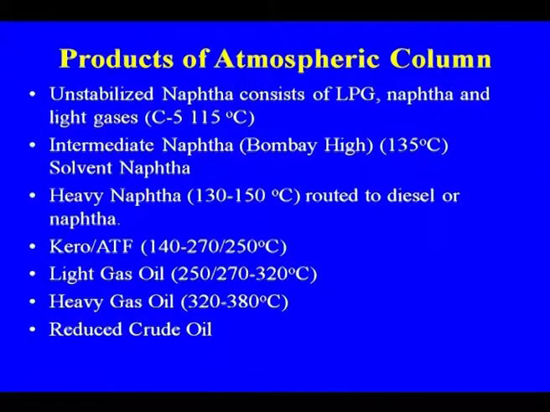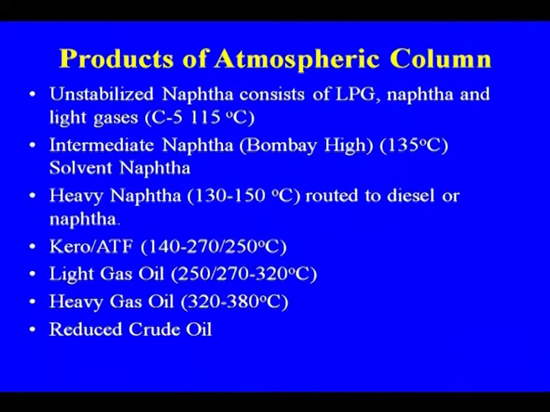So, intermediate naphtha or the solvent naphtha, depending upon, because different refineries give different names. Heavy naphtha is routed to the diesel or the naphtha, kerosene, ATF, aviation turbine fuel.